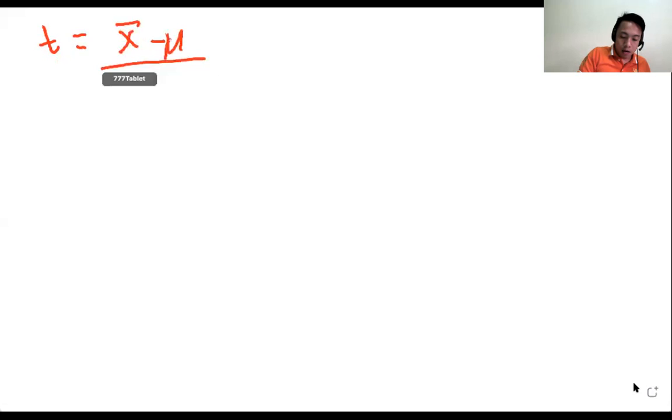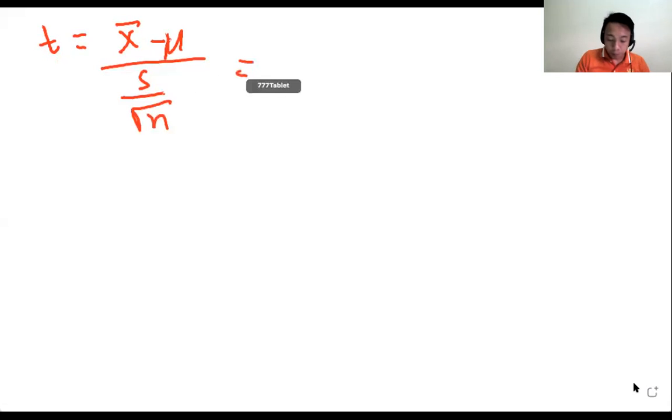So this will be our formula, right? T equals, T is the t-value, correct? T equals X bar minus mu, all over S over the square root of N. Let us put those numbers inside this formula.